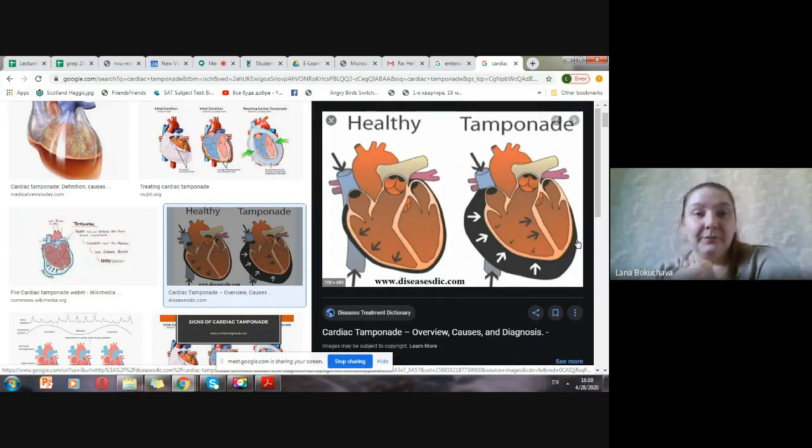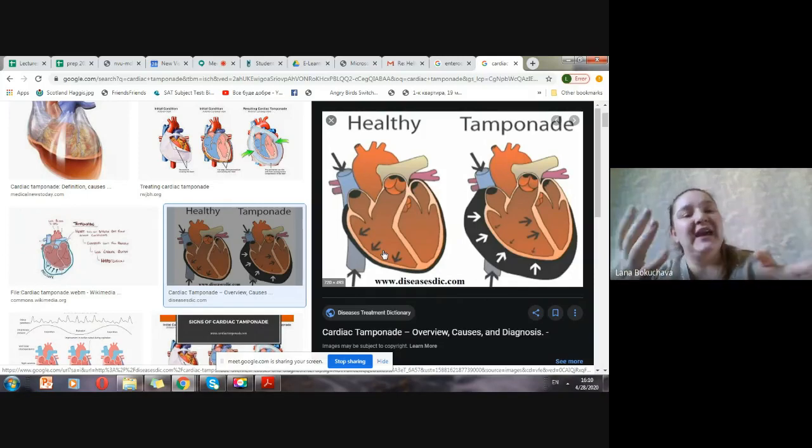And what is the problem? It's a very emergency and urgent situation where we directly need to do surgery. But why is it a problem? Because this fluid, most commonly blood, sometimes also because of inflammation of the pericardium, so because of pericarditis, there are different causes, we can have the accumulation of inflammatory fluid.